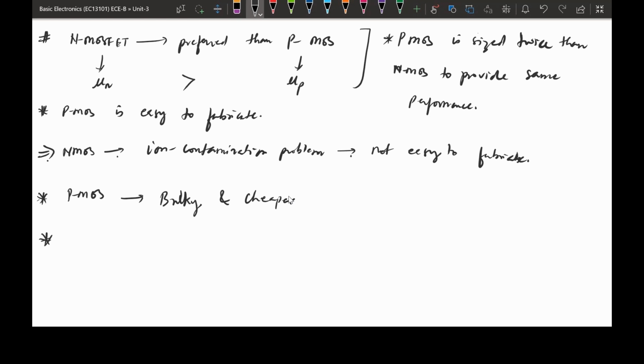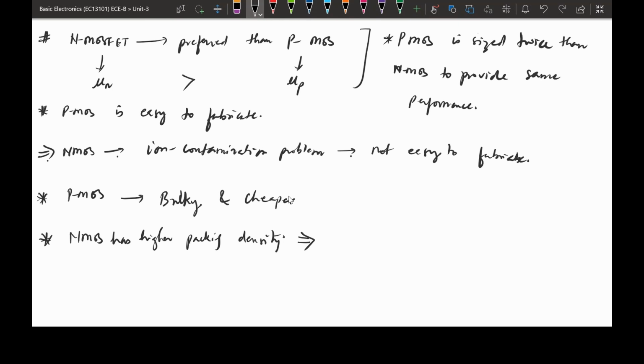From the fabrication point of view, the NMOS has higher chip density. Higher chip density means it can store more information in a smaller area. This is the main advantage in comparison to PMOS. You can write that NMOS has higher packing density.